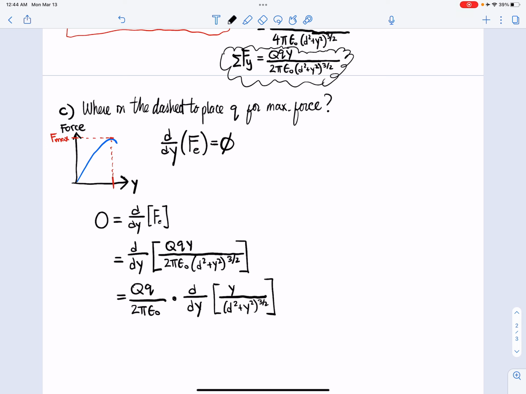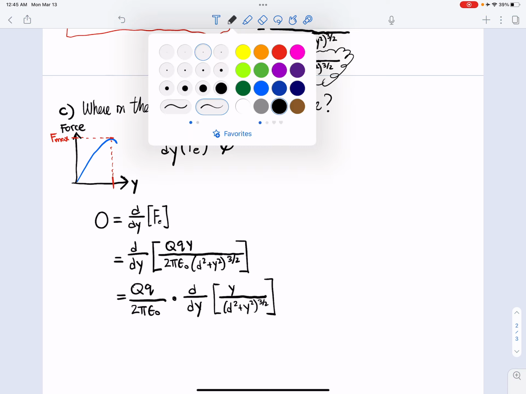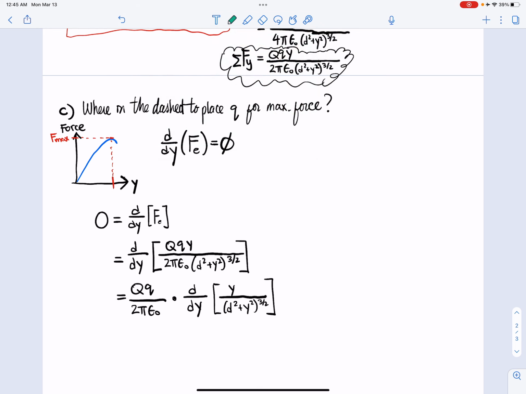So I'm going to have to do a side mission just to get this part of the equation. I'll do that right here, and I'll use a different color. Let's use green for side mission. So side quest number 1. I just want to find out the value for this.